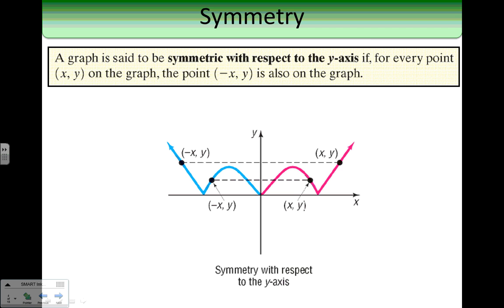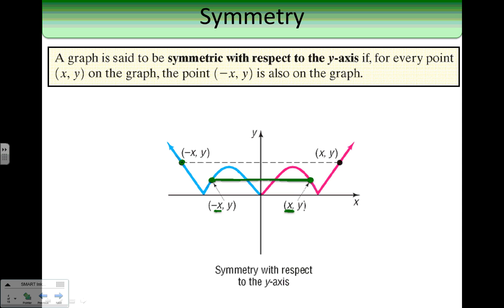If you look at these two points on the graph, they have the same y value. They're still along the same line for the same y value, but their x values are going to be opposite of each other since it reflects over the y-axis to the other side.